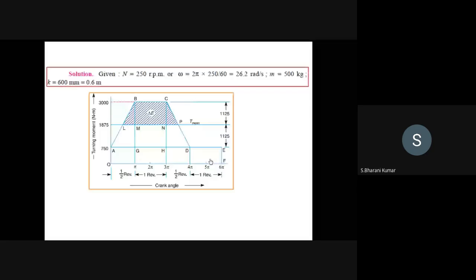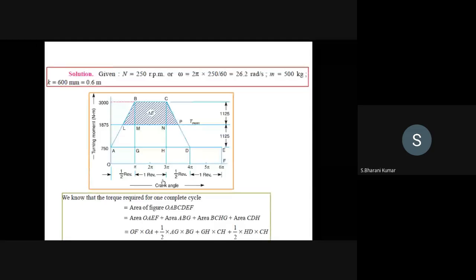That's the third one, and then the fourth one is one revolution, continuous for a while. Half revolution means pi, one revolution means 2 pi, and again half revolution is pi, and again one revolution is 2 pi. Totally this is the graphical data.